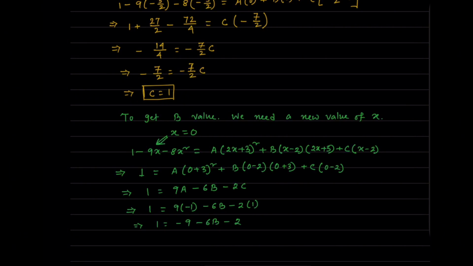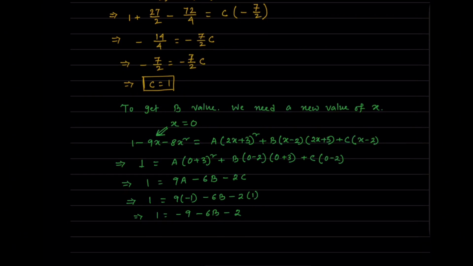So here you can get 9 and 2, 11. So if 11 comes to the left, we get 6b equals minus 12, or finally your b value should be minus 2.